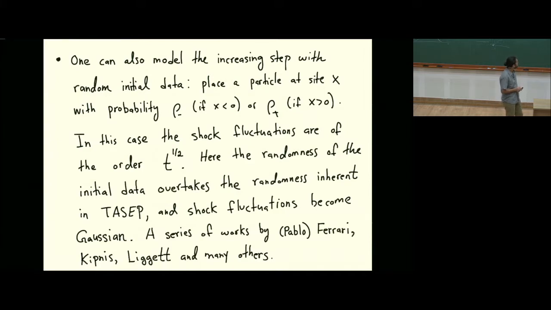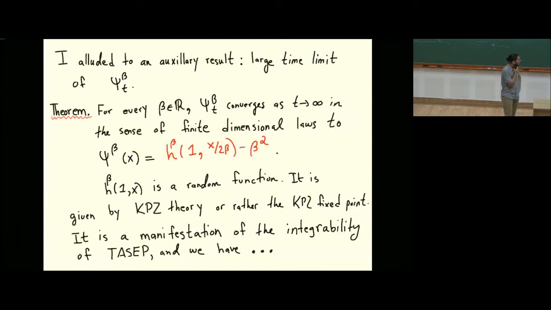Okay, let's see. So I mentioned this kind of auxiliary result, which is, what happens if you take this macroscopic shock process, psi beta t, and you keep beta fixed and you take a large time limit. There is a limit here, which is very crucial to understanding what happens for large beta.